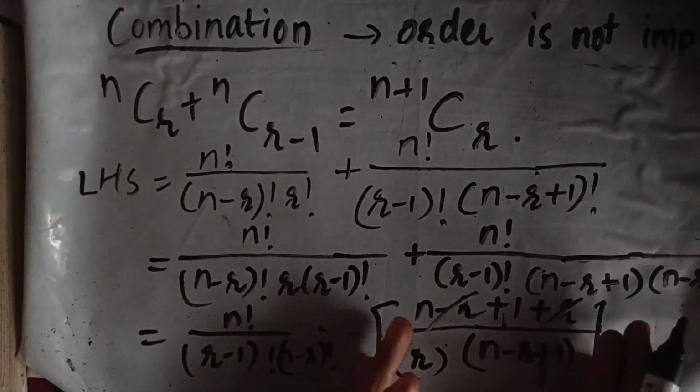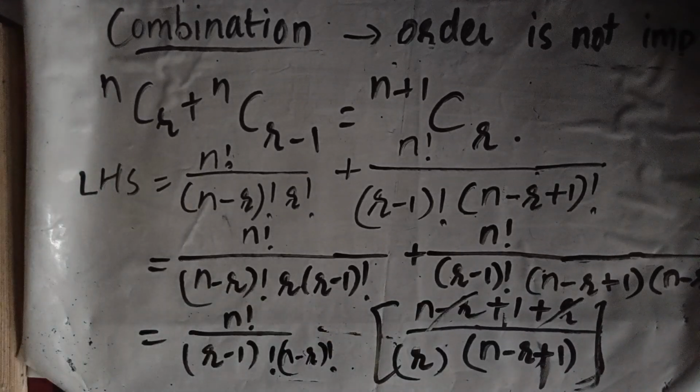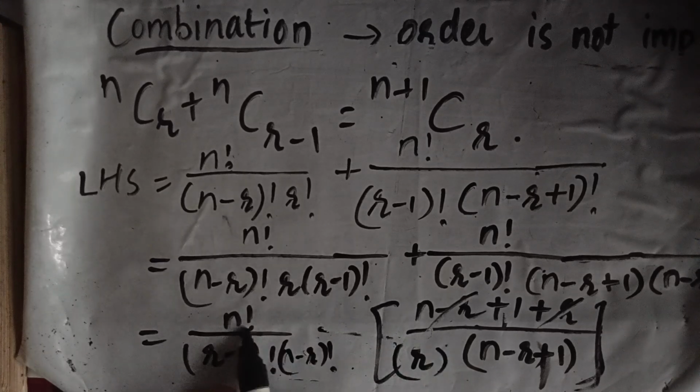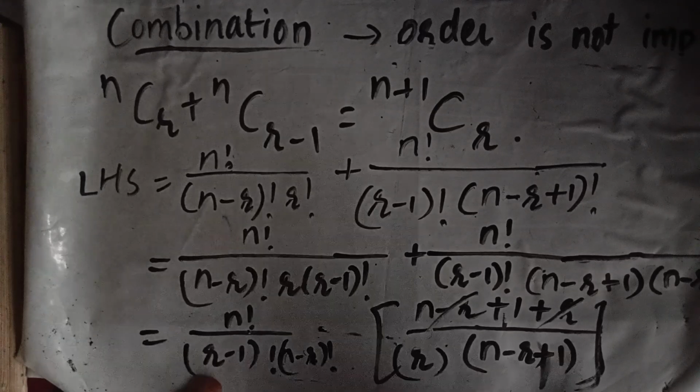So r and n minus r get combined. n plus 1 into n factorial will be n plus 1 factorial.